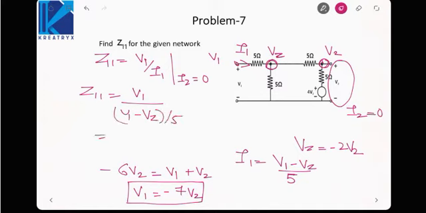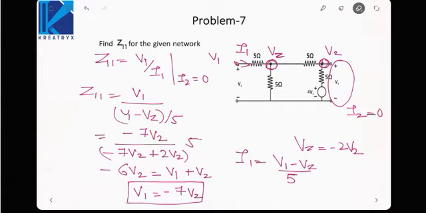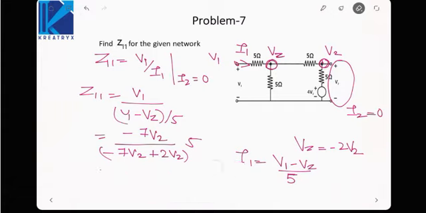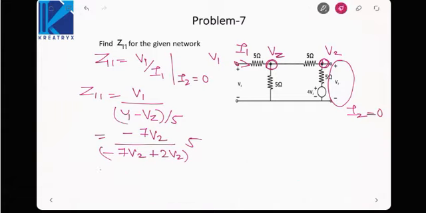Now V1 is actually equal to minus 7 V2 and Vz is equal to minus 2 V2. Now V2 will get cancelled in the numerator and denominator. What we will get is minus 7 V2 by minus 5 V2 into 5, that is we will get 7 ohm. So Z11 will come out to be 7 ohm.